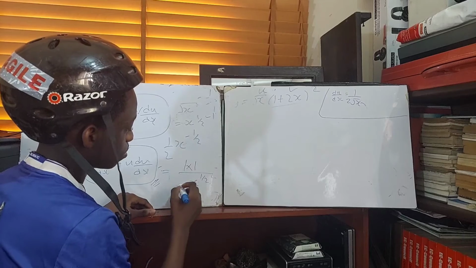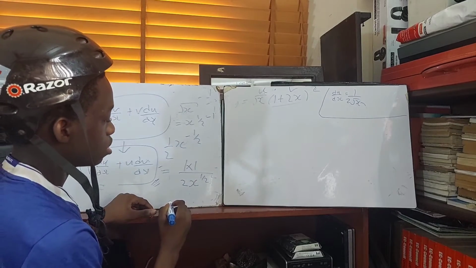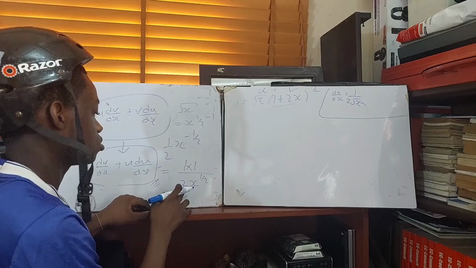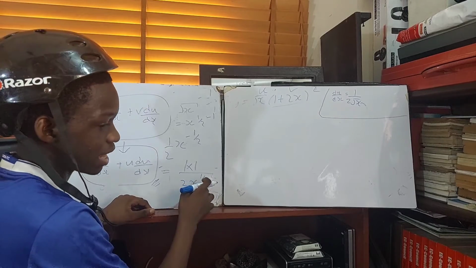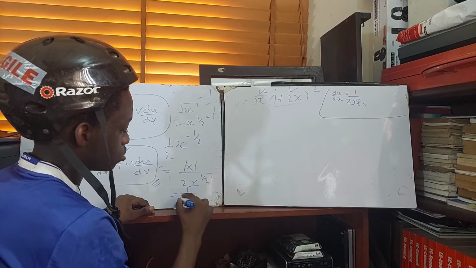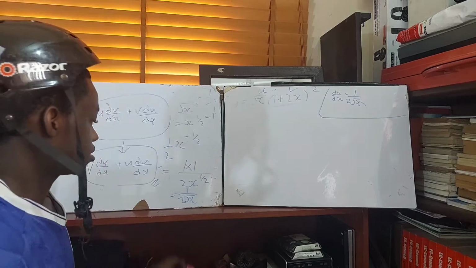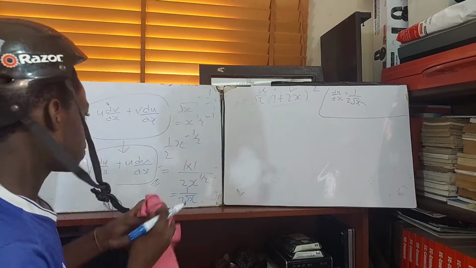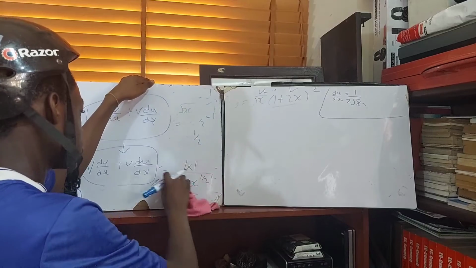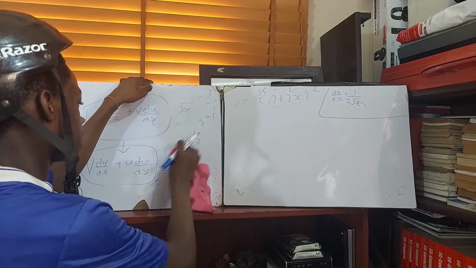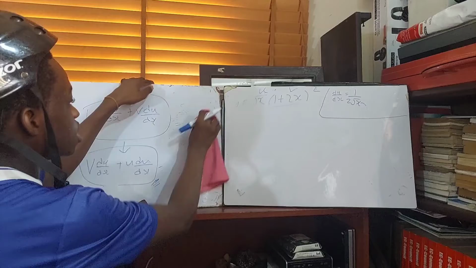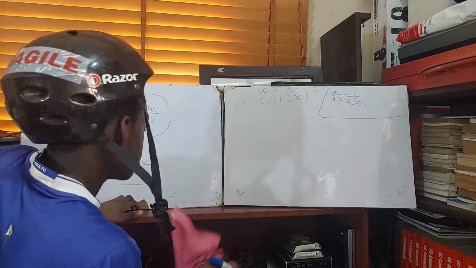The 1 goes on top and the 2 comes under. 1 times 1 is obviously 1, and the power half, like I said, is square root. So I have 1 over 2 root x. And that's how you solve that. That's something you should already know, but I'm just covering it. Make sure you keep those kinds of differentiations in your head at all times.